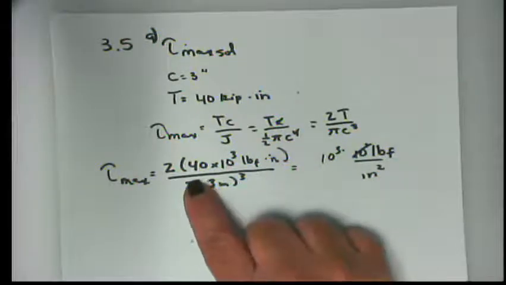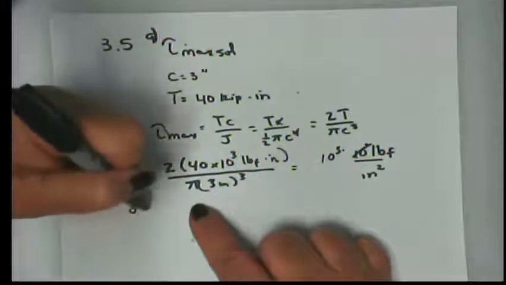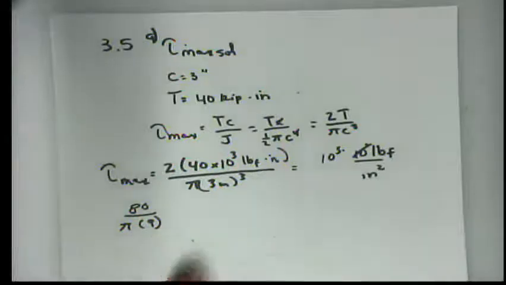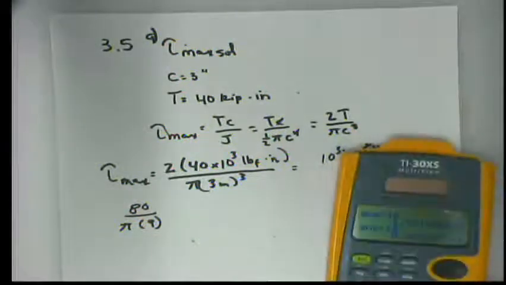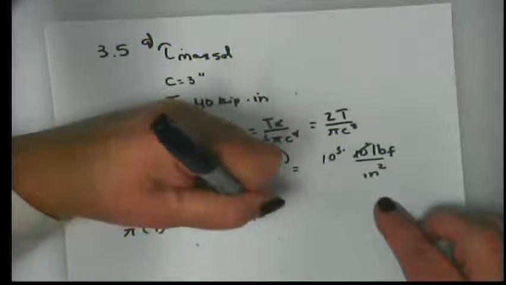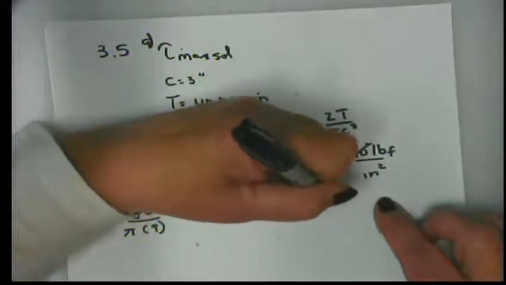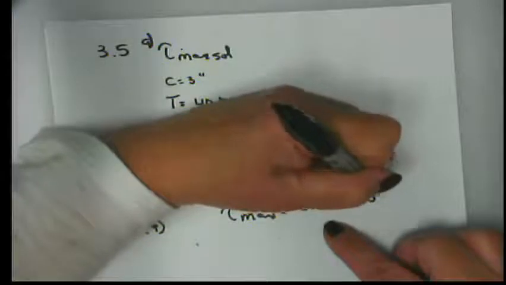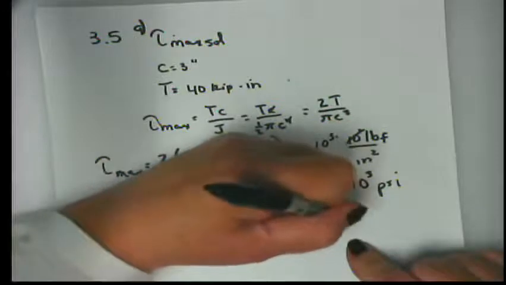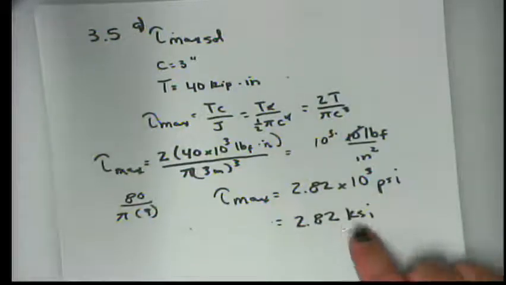The numeric value is 80 divided by pi divided again by 9. 80 divided by 9 and divided by pi is 2.82. So tau max is equal to 2.82 times 10 to the 3rd PSI, which could also be written as 2.82 KSI. Either one of those answers is acceptable.